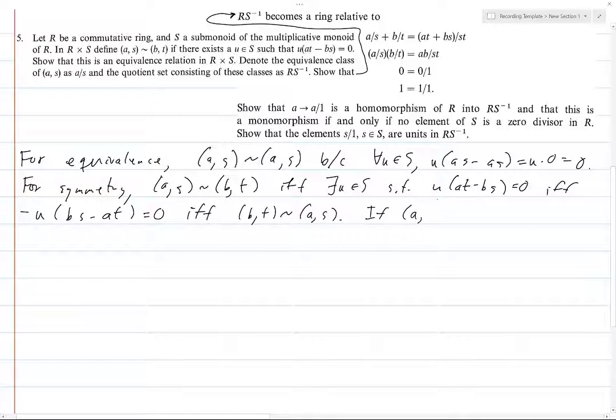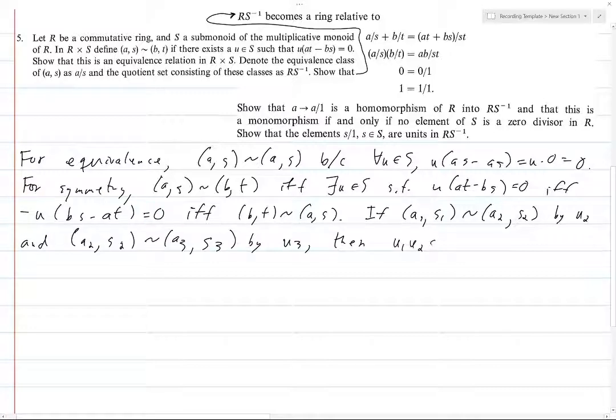For transitivity, if A1 S1 is equivalent to A2 S2 by U2, and by that I mean that U2 is the element of S such that U2 times (A1 S2 minus A2 S1) equals 0, and A2 S2 is equivalent to A3 S3 by U3, then certainly U1 U2 S2 is an element of S, because U1, U2 and S2 are all in S, and S is a submonoid, so it's closed under multiplication.